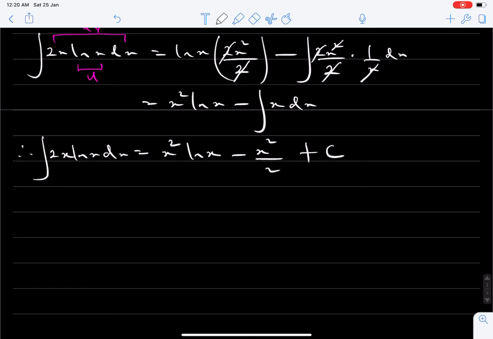You must make sure that whatever you are taking as dv is integrable. If it's non-integrable, then you choose it as u and the rest as dv. So once you're able to make the right choice of u and dv, it's going to be very easy to evaluate the integral by the integration by parts method.